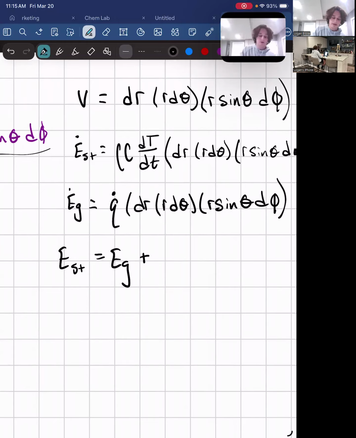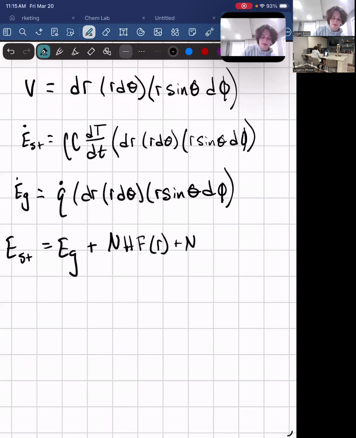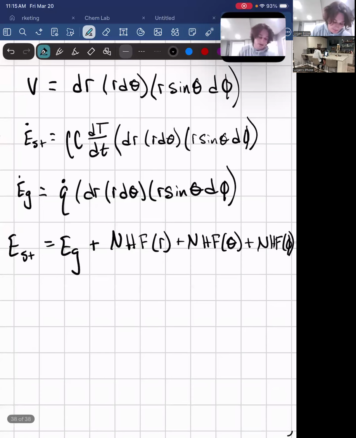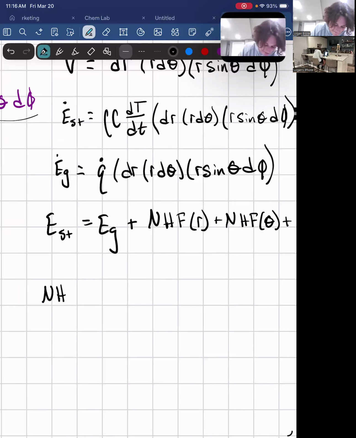So our net heat flow in the R direction plus the net heat flow in the theta direction plus the net heat flow in the phi direction. And what was net heat flow? That was our Q in minus our Q out.